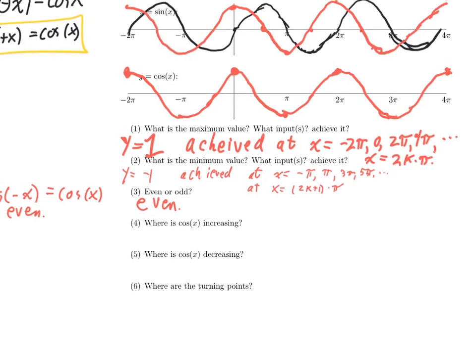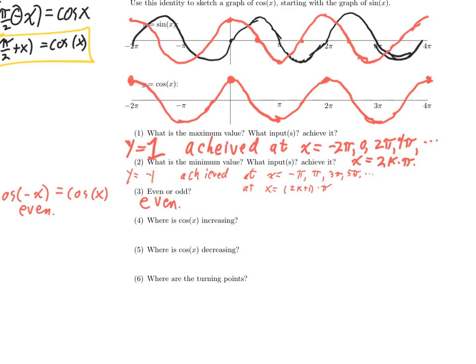Where is it increasing? Well, let's just trace them out. It looks like it's increasing from negative pi to 0, from pi to 2 pi, from 3 pi to 4 pi, and so on.